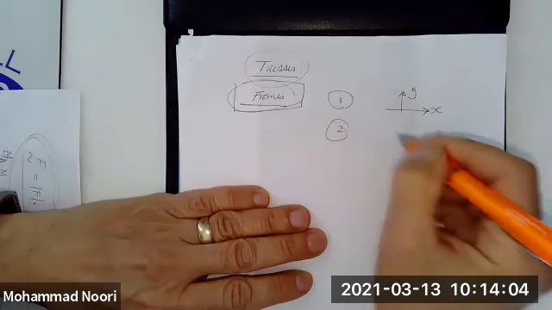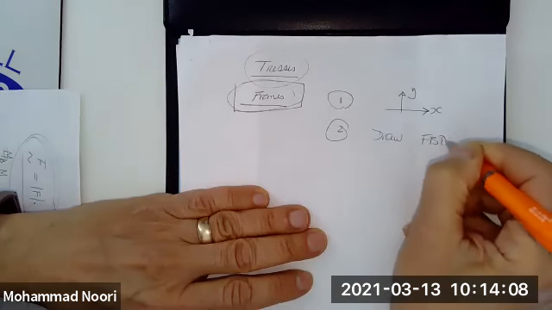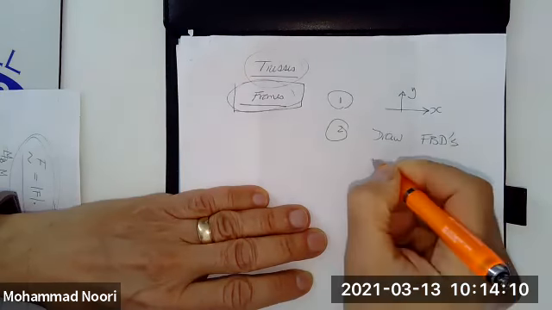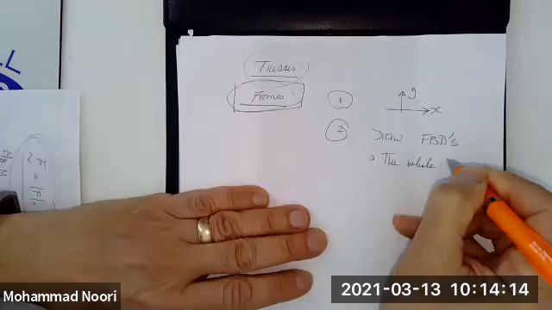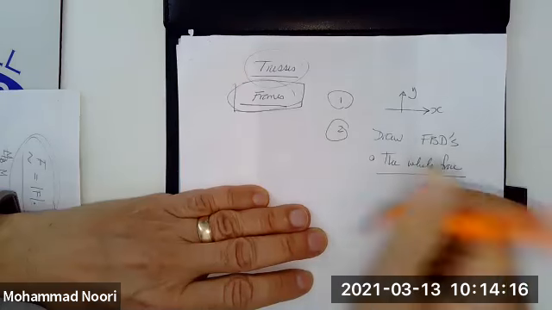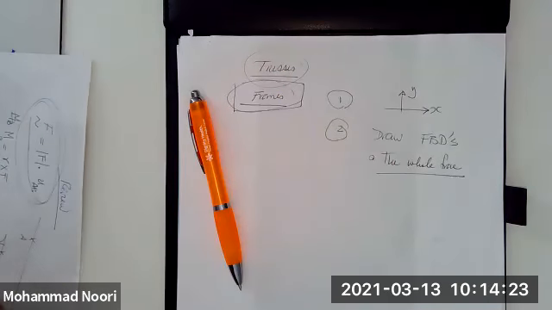Step number two, draw the free body diagram of what? The whole structure, the whole frame. And in doing that, you do not take the frame apart. Even if you have a bunch of pulleys and you have the tendency to think, oh, I should cut this cable so I see what the force is in that cable, do not cut anything.